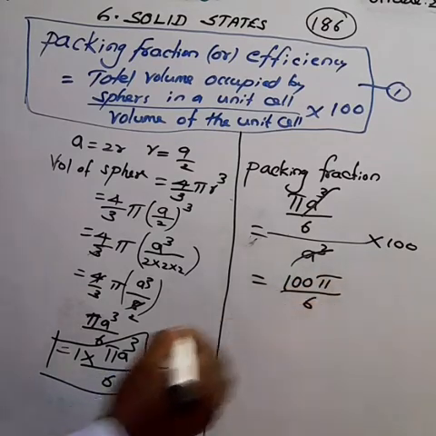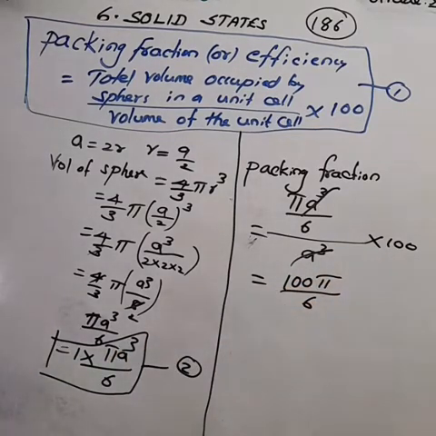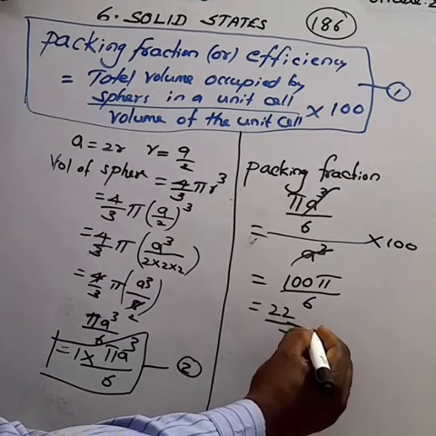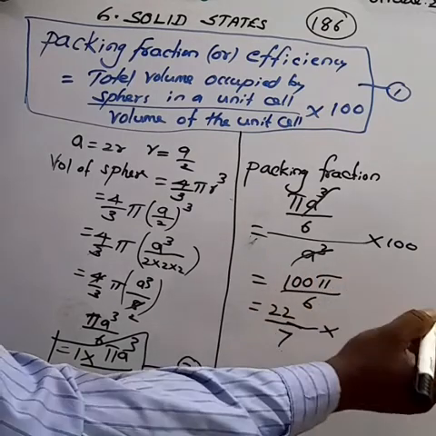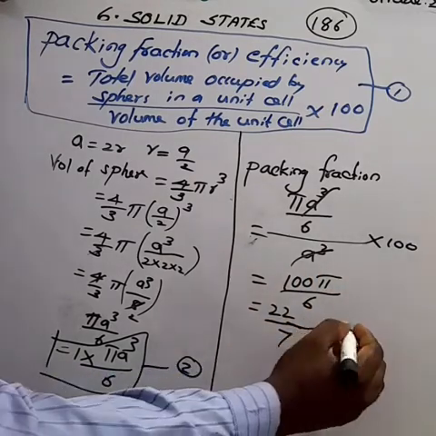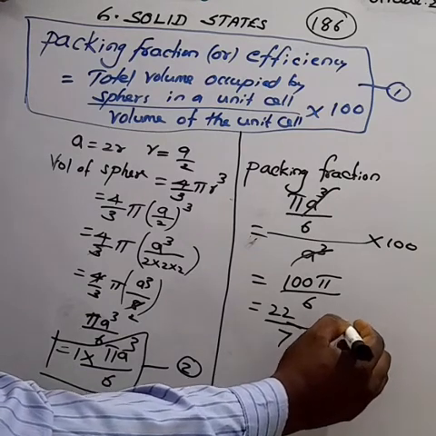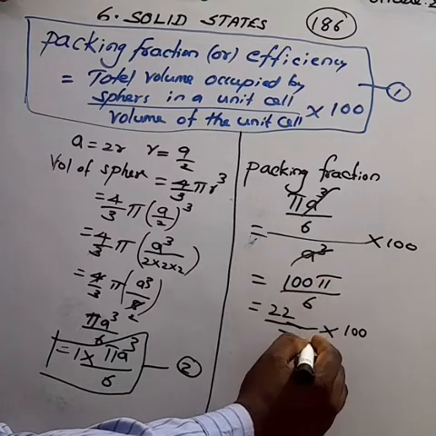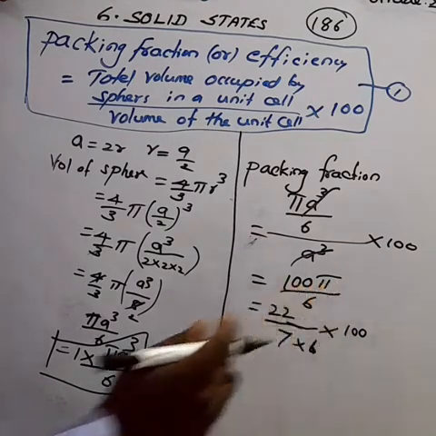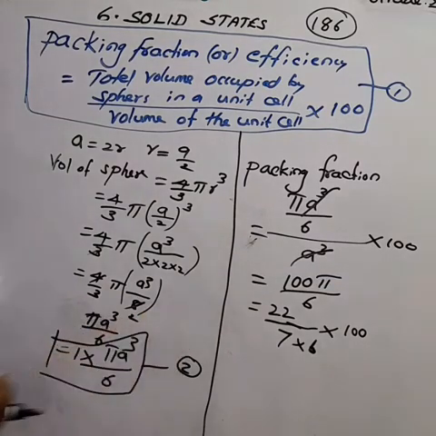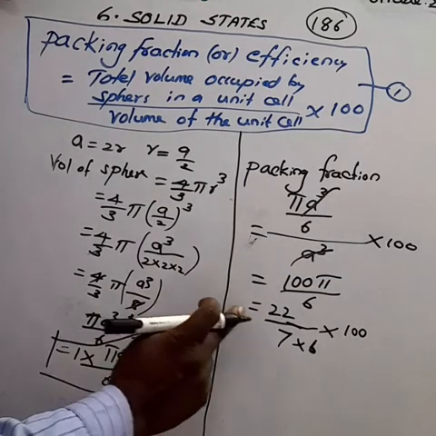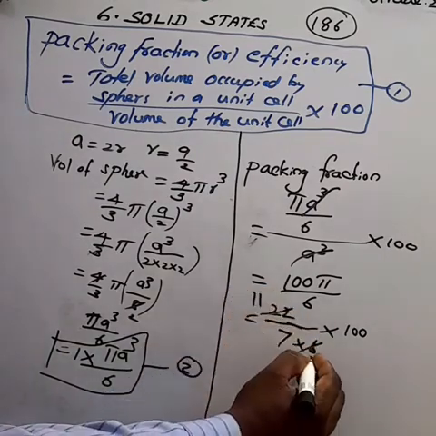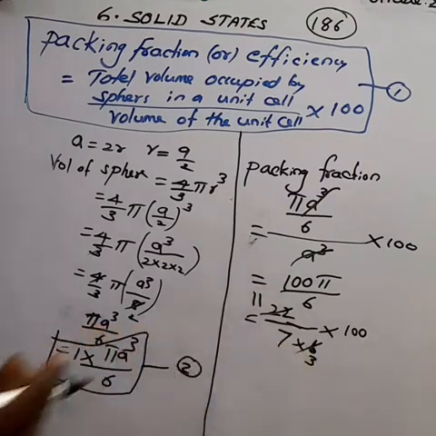Here we use the pi value 22 divided by 7. We have two values for pi, one is 3.14, and we use 22 by 7 into 100 divided by 6, which is 7 into 6. Here 6 and 22 cancel: 6 becomes 3, and 22 becomes 11.